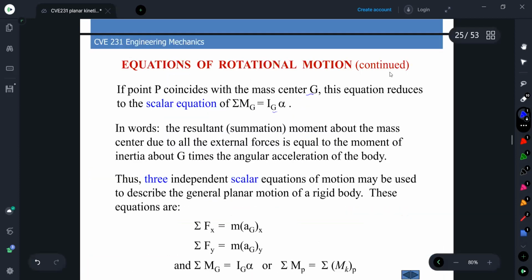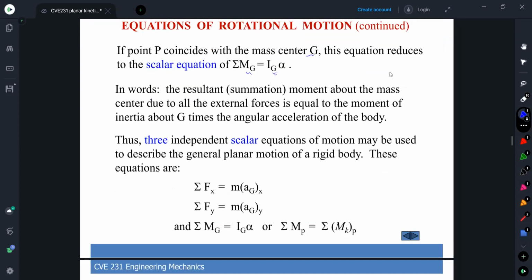For summation moment about the center of mass, we have just this term. So for rotational motion, the equation of motion is composed of three scalar equations: summation Fx equal to m a_gx, summation Fy equal to m a_gy, and summation moment about point G, the center of mass, equal to I_G alpha.